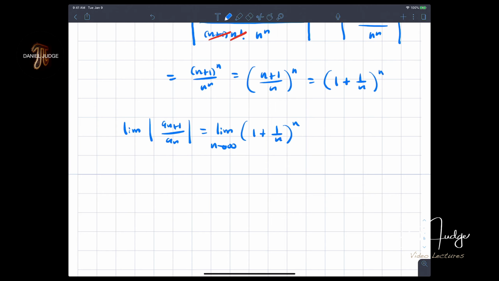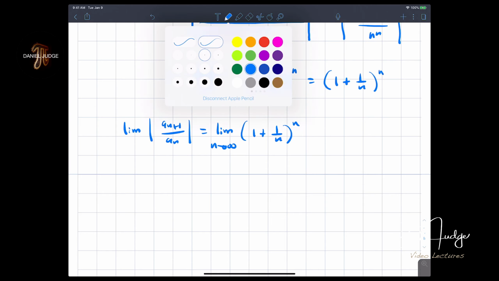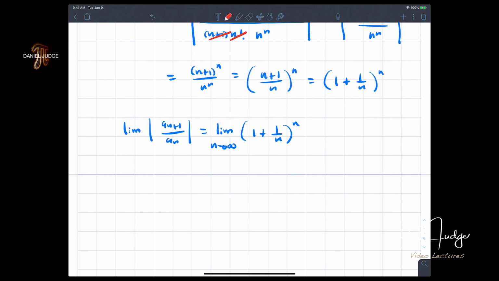Now, if you studied L'Hopital's rule, you say, oh, that's 1 to the infinity, an indeterminate power, and there's a procedure for that. However, this is a very famous limit. This is really the definition of e, the exponential number.